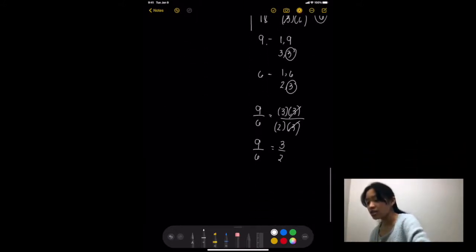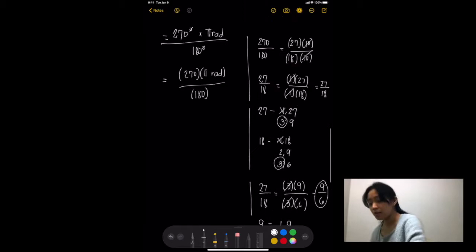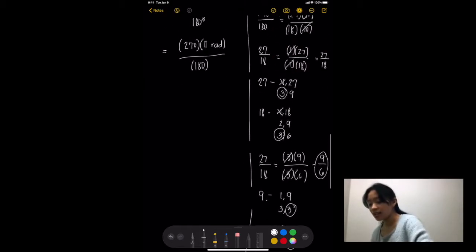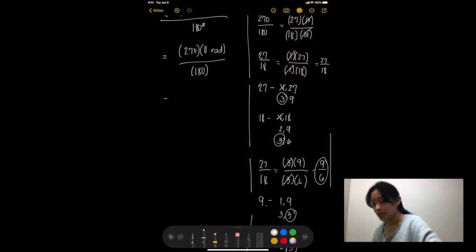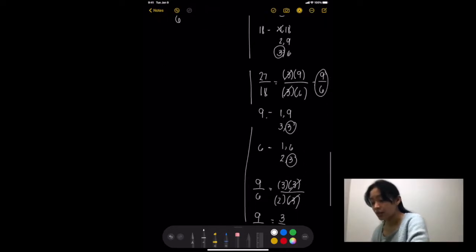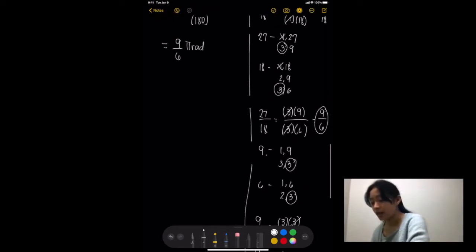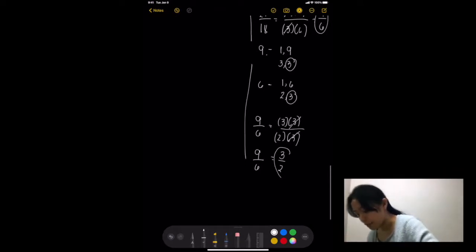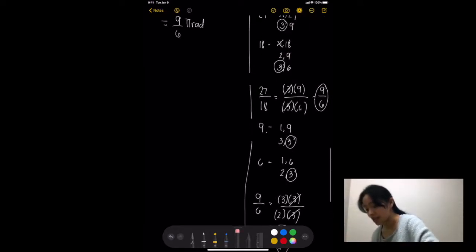So note that we started from 270 divided by 180, and that is just equivalent to 9 over 6. So I'm going to write it here. So I know that 270 divided by 180 is just 9 over 6, and then I copy pi radians. Oh, wait up. It's just 3 halves.